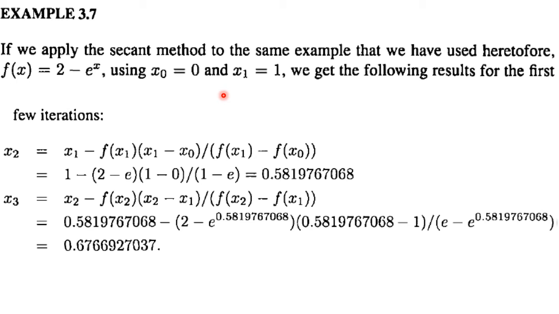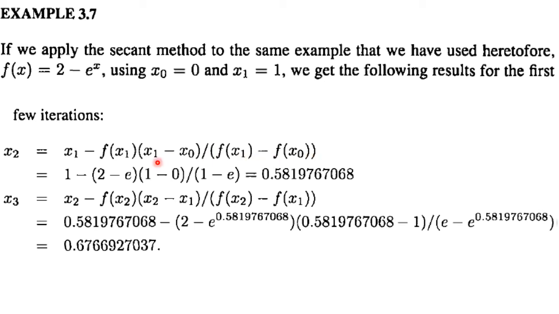So you just take 2 points and then start using the formula for the secant method and find out the new iterations. So students, here in this case, x2 is equal to x1 minus f of x1 into x1 minus x naught divided by f of x1 minus f of x naught.